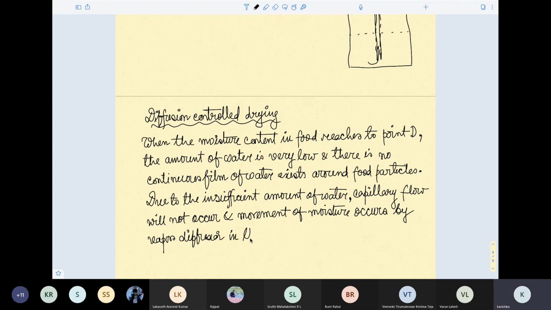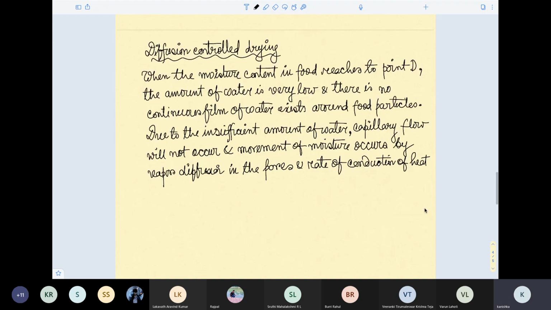in the pores, okay, and rate of conduction of heat in solid food dominates the moisture movement.